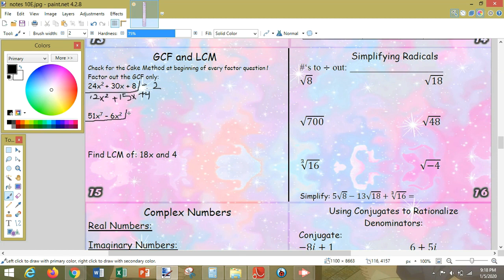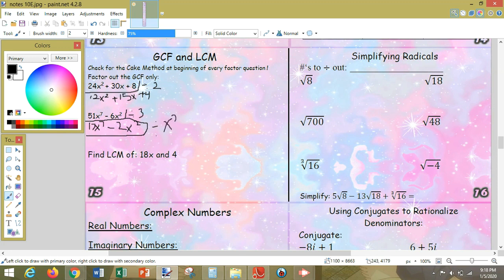Okay, let's do the next one. 51 and 6. You could take out a 3. 51x to the 7th divided by 3 is 17x to the 7th. Negative 6x squared divided by 3 is negative 2x squared. Now, they both also have x's, so you could take out x's.